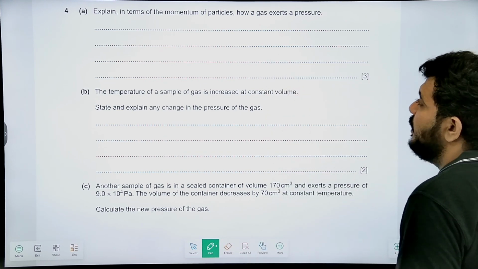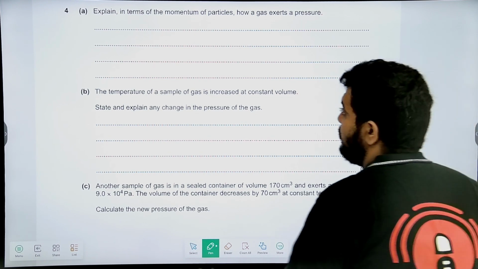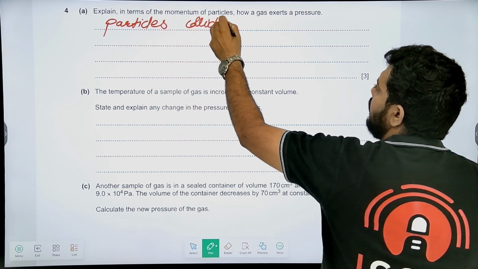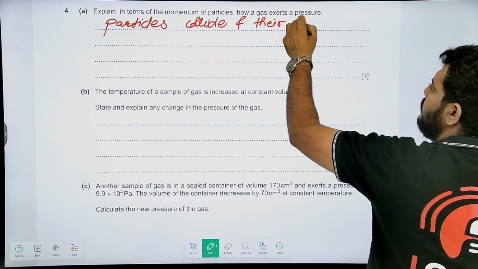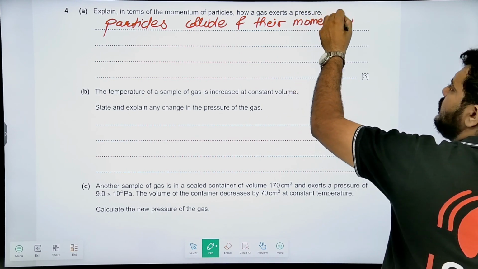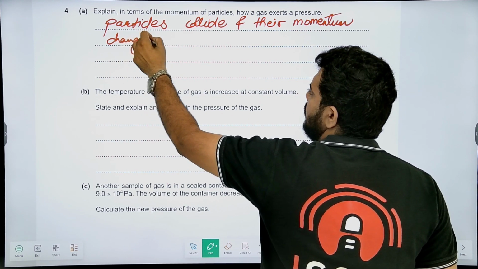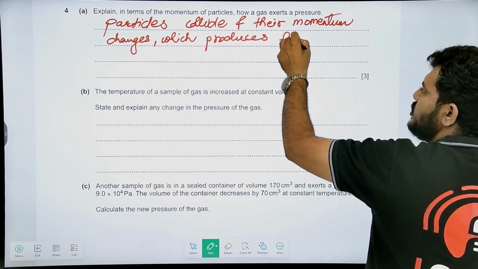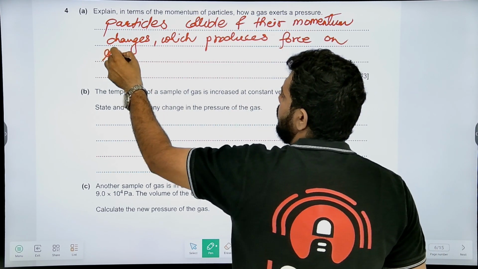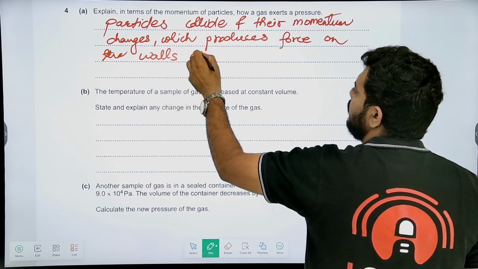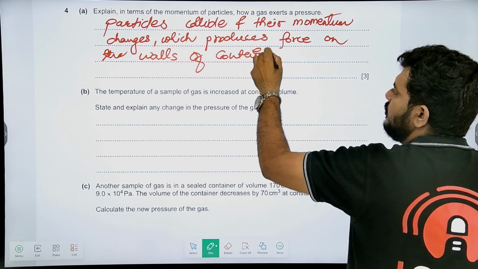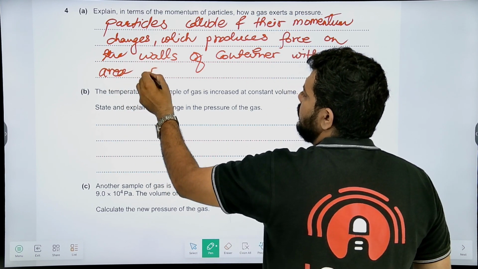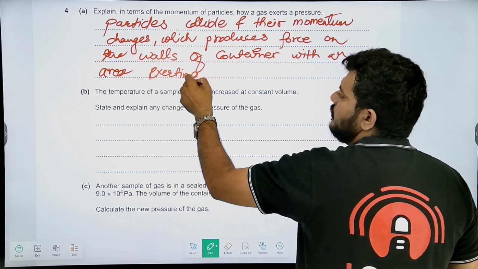Explain in terms of the momentum of particles how a gas exerts pressure. So I will write: particles collide and their momentum changes, which produces force on the walls of the container with an area, exerting pressure, right?